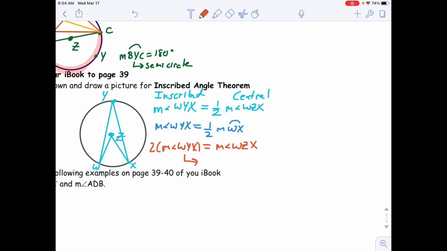Again, a lot of letters going on right now. And remember, central angle equals the arc measure. So remember that the measure of angle WZX equals the measure of arc WX.